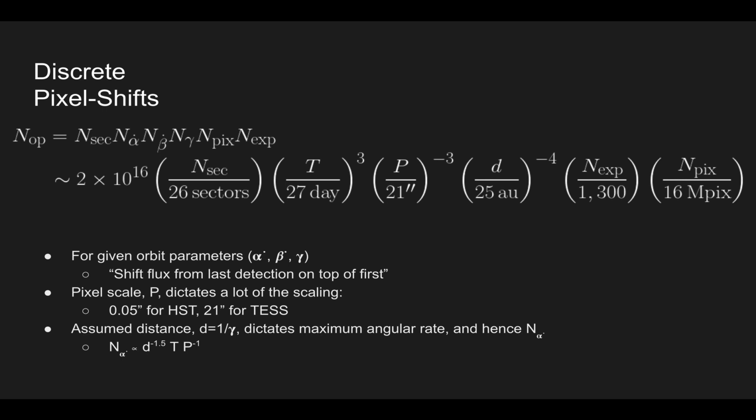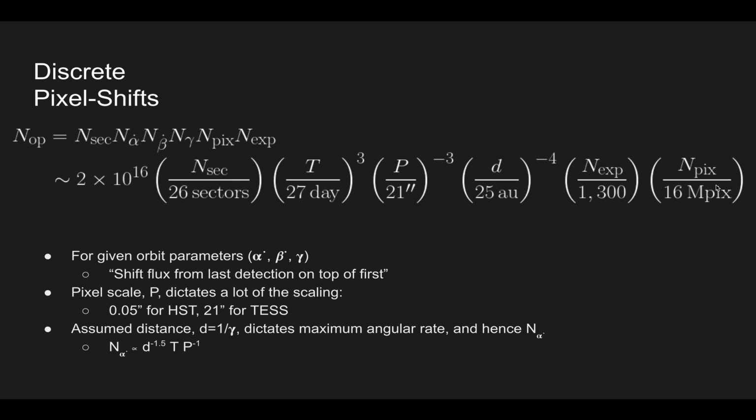But the main things to see are that there are some strong dependencies on the total time span of the observations that you're considering. So here, about 27 days for a sector. And strong dependencies on the pixel scale and on the distance that one wants to search. And then the total number of exposures and the number of pixels as well.